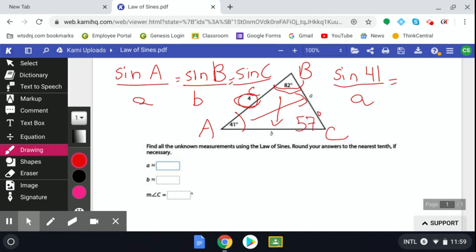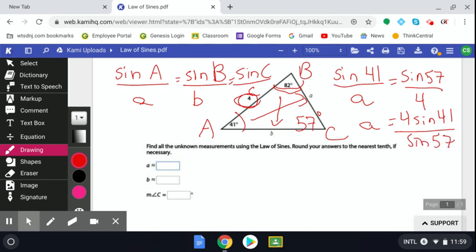So now that I have that, I can use sine 57 over small c, which is 4. And now I just cross multiply. So now a would be equal to 4 times sine 41 divided by sine 57.